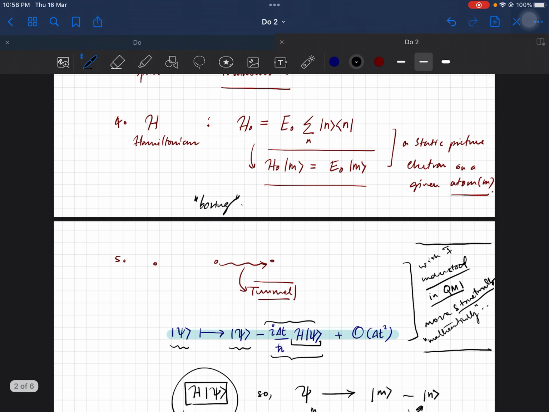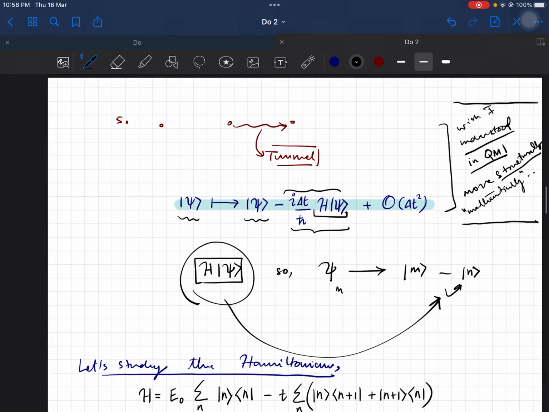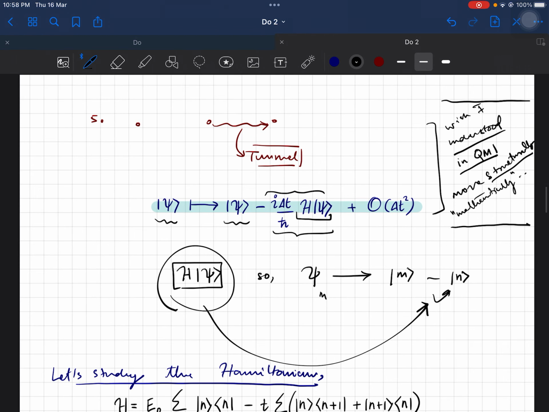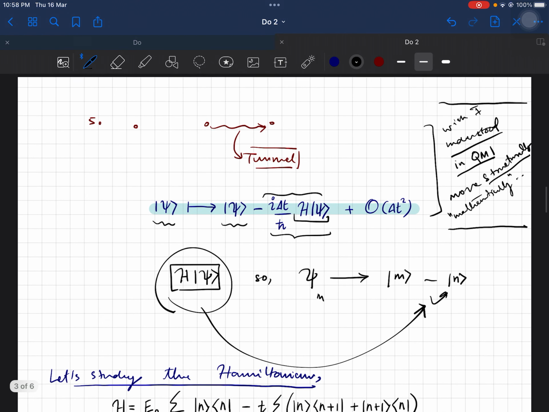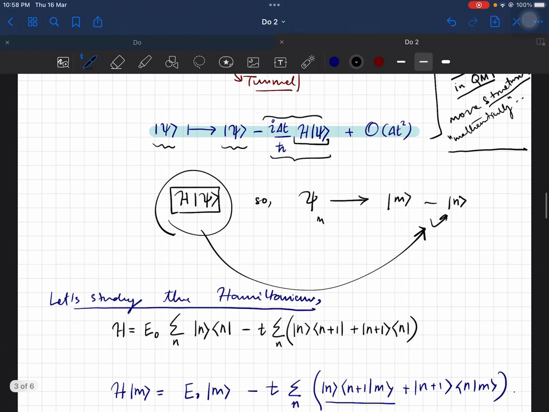We constructed a boring Hamiltonian, where there is no movement of electrons, but then we allowed a time evolution of psi, which told us that H psi should include other terms, cross terms in the sense of cross states.